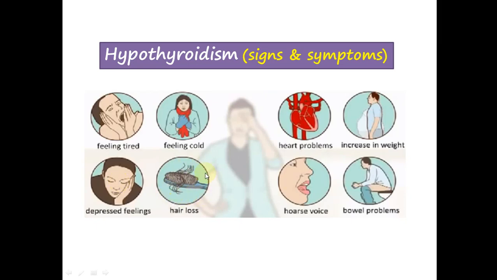There is defective hair growth, and due to accumulation of the glycosaminoglycans and mucopolysaccharides in the soft tissues and in the tongue, there will be enlargement of the tongue, and the patient may have a hoarse voice, and due to decreased motility of the gastrointestinal tract, the patient develops constipation.